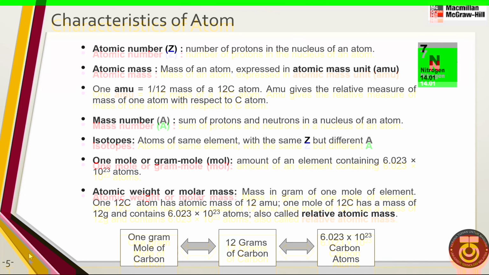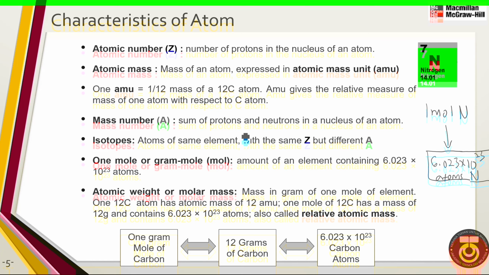Okay, maybe I can write it down here. 1 mole of element nitrogen will give you 6.023 times 10 to the power of 23 atoms of nitrogen. So it is similar to 1 mole of carbon. But of course, the atomic weight will not be the same because it depends on the mass number.